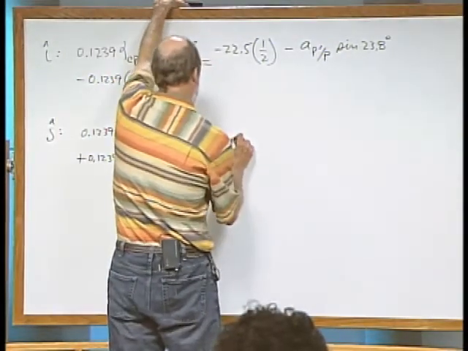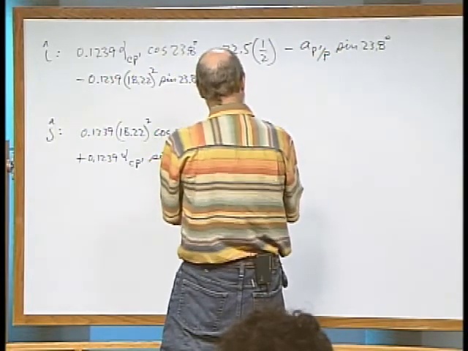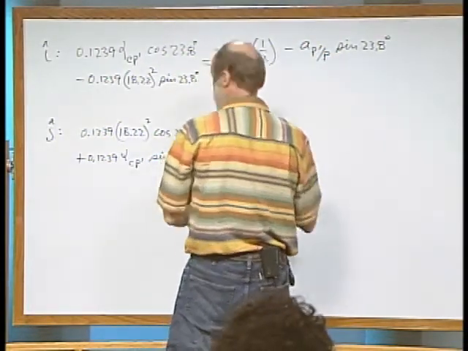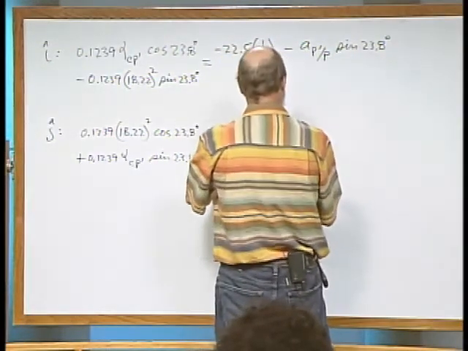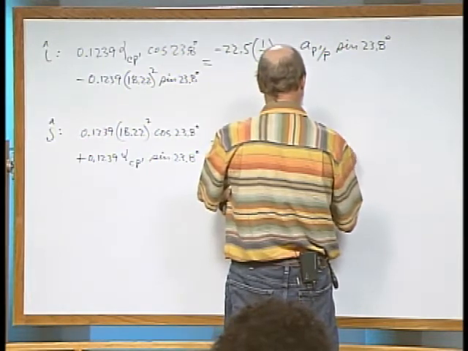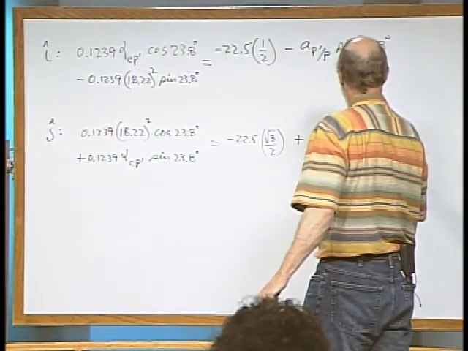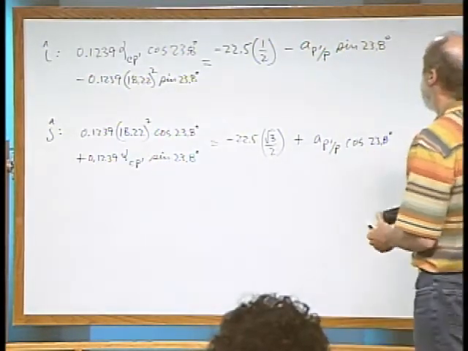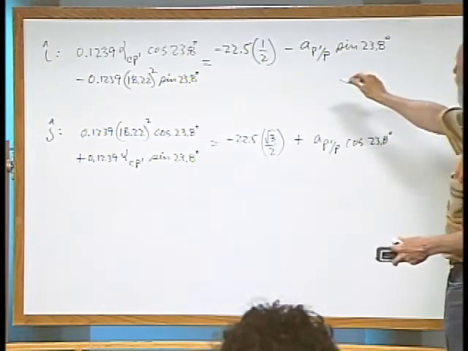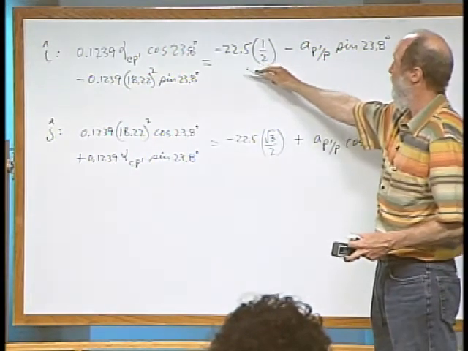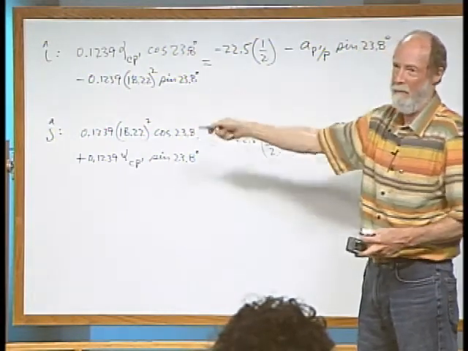So we pick up a minus 22.5 again, cosine of 30 degrees is square root of 3 over 2, and then plus the J term on the tail end, acceleration of p prime relative to p's value, cosine of beta 23.8 degrees. It's usually a good idea to pause when you write an equation like this, to pause and look back at your vector equation to make sure you didn't mess a sign up somewhere.